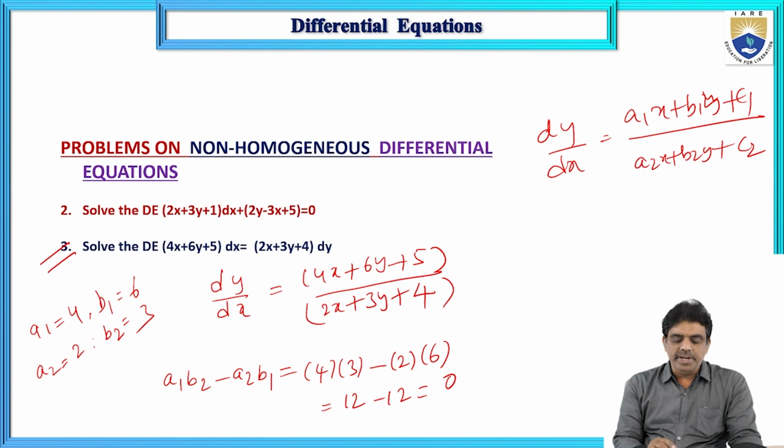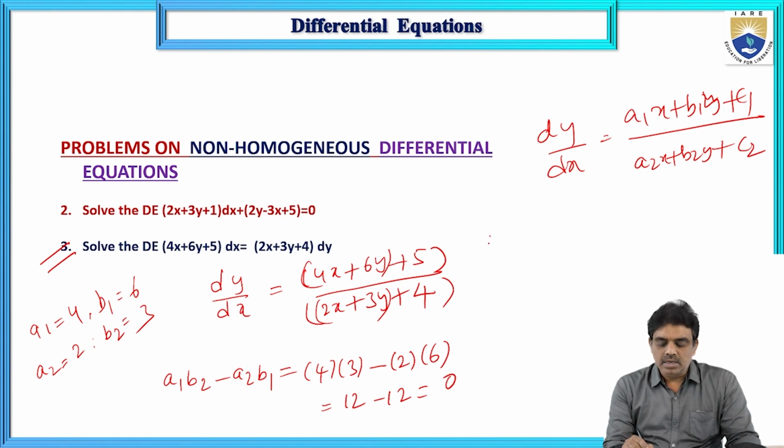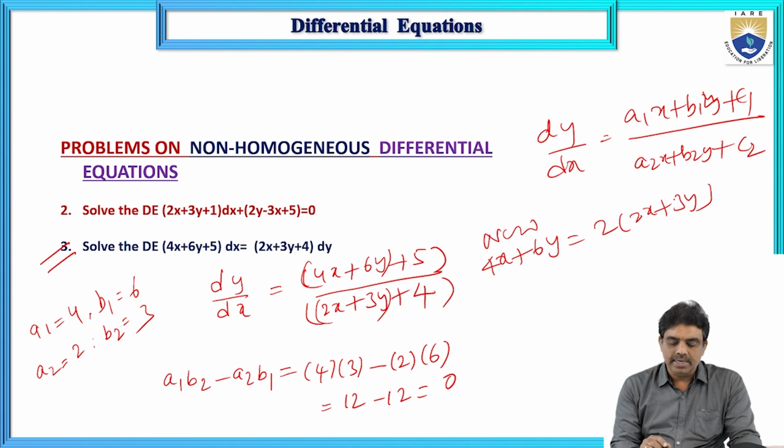So if a1 b2 minus a2 b1 is equal to 0, then the numerator or the denominator term may be expressed in terms of the other. So now I can write 4x plus 6y as 2 into 2x plus 3y, and I can write the denominator 2x plus 3y as it is.